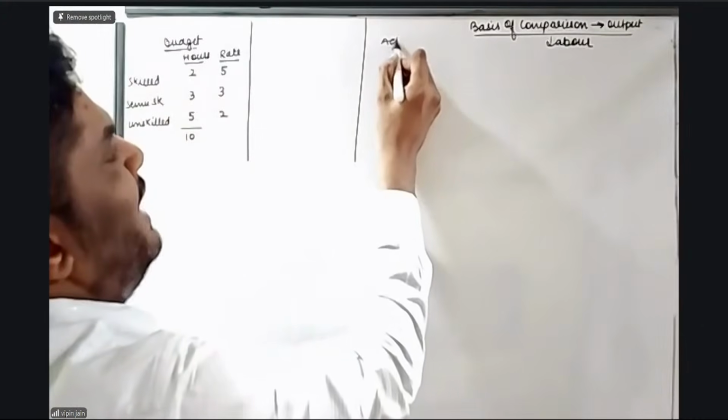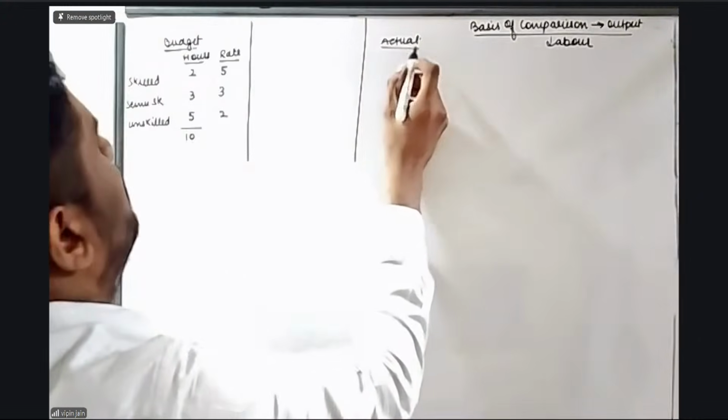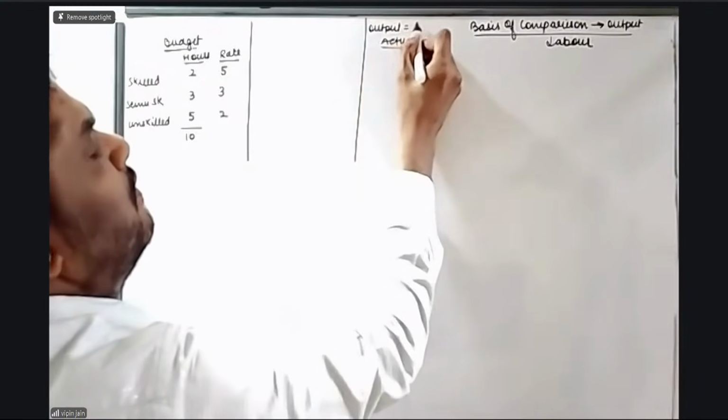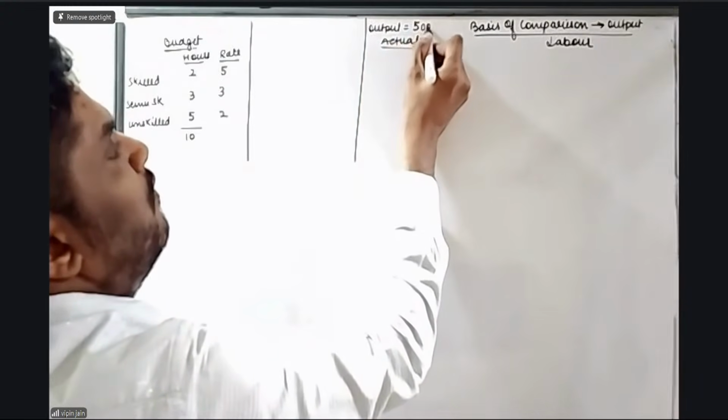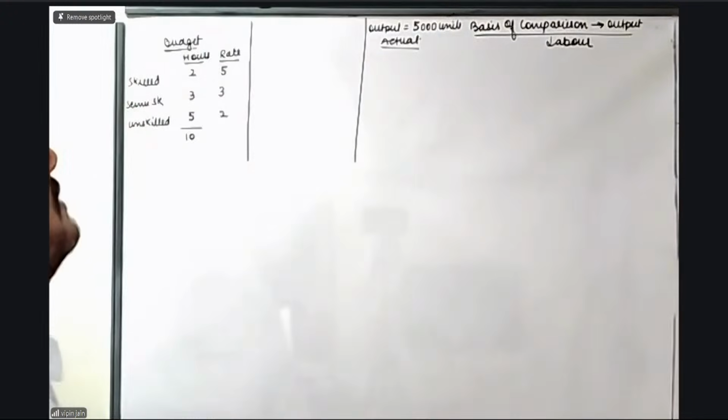When talking about the actual data, let's say the actual output is 5,000 units.